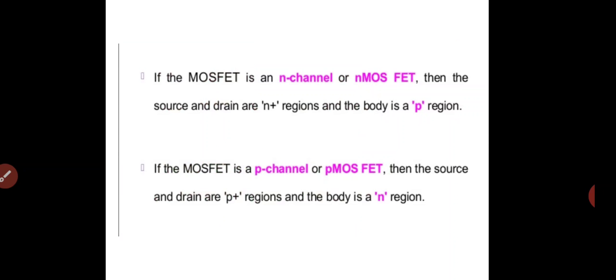If the MOSFET is an N channel or N MOSFET, then the source and drain are N plus regions and the body is a P region. If the MOSFET is a P channel or P MOSFET, then the source and drain are P plus regions and the body is an N region.